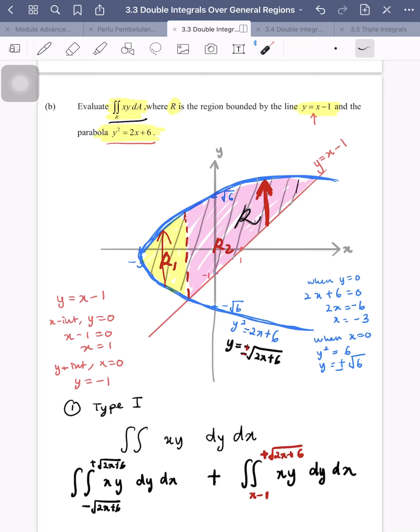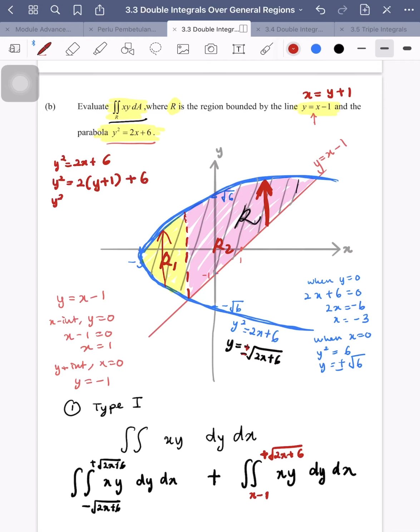Okay, let's see. I try to put the value here into here. So you will get y squared equal to 2x plus 6. So I bring to here: y squared equal to, x is equal to y plus 1, so 2x equal to 2(y plus 1) plus 6.